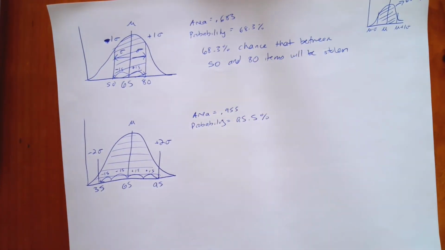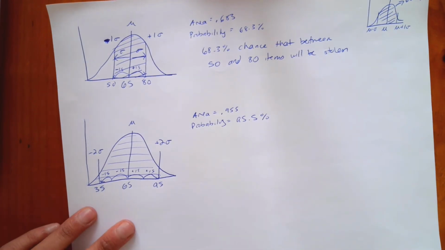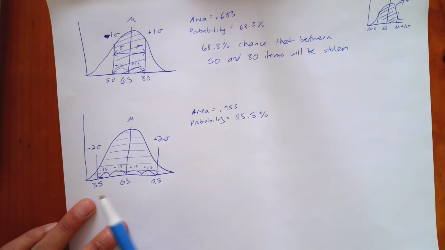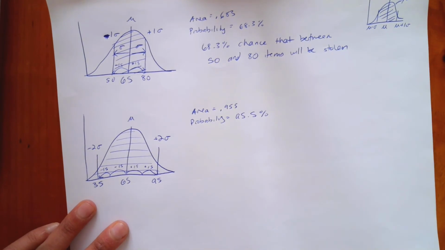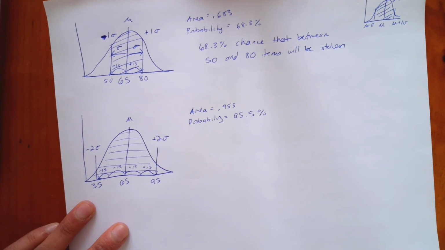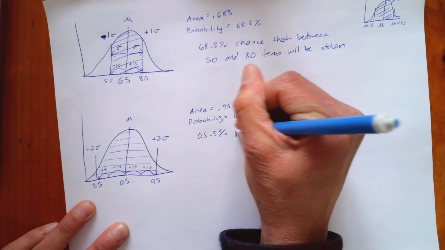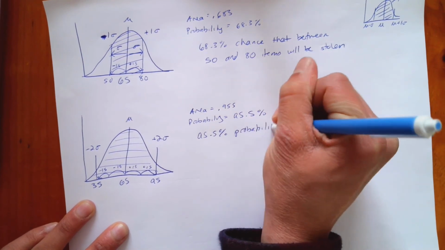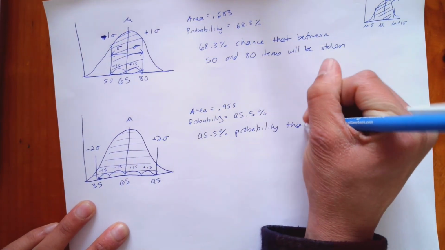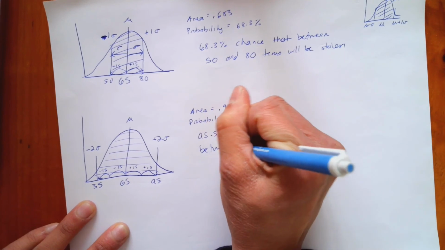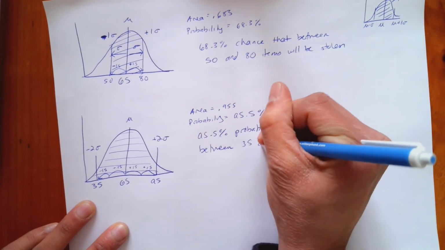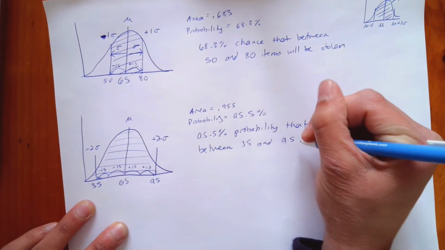So in other words, there's a probability of 95.5% that you're going to have an outcome that is within 2 standard deviations of the mean, or more specifically, between 35 and 95 thefts. So based on the empirical rule, we could say that there is a 95.5% probability that between 35 and 95 items will be stolen.